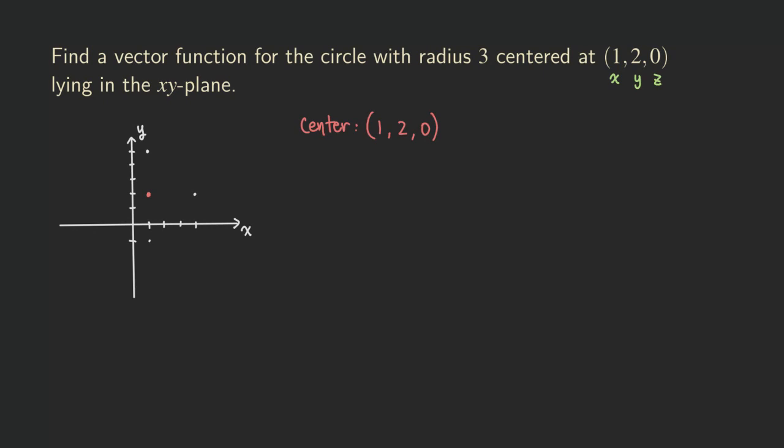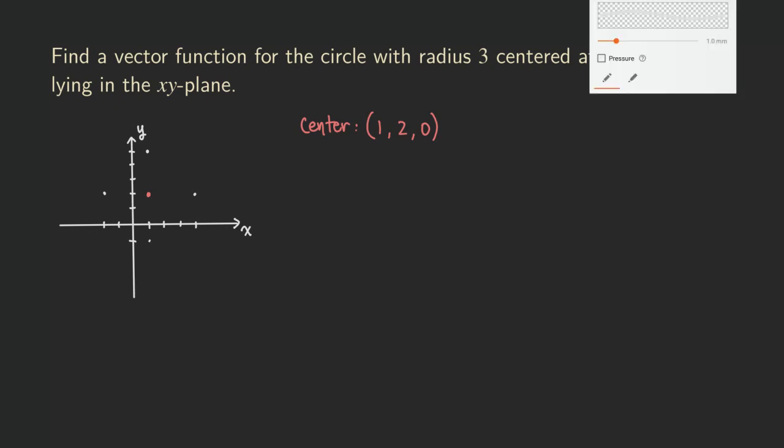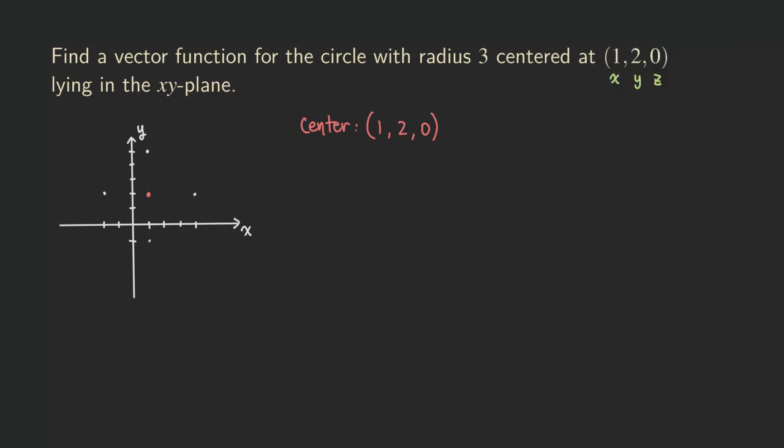Go to the left, 1, 2, and 3, and we get that point. So let me try. I think it's just going to look really bad. So we have the circle. I tried my best, but that's the circle that we want, right?